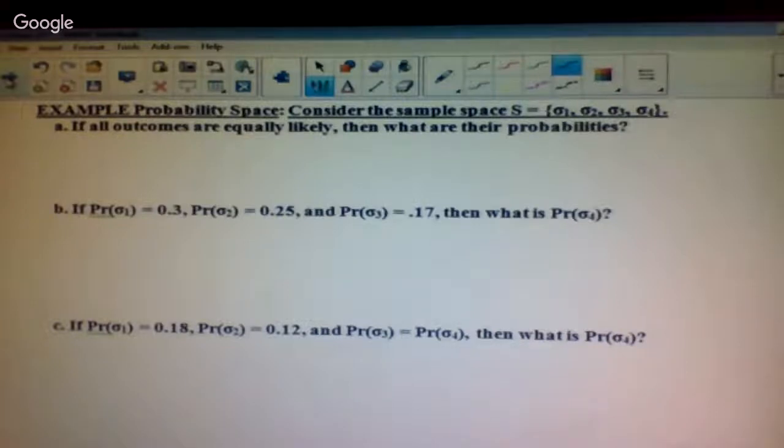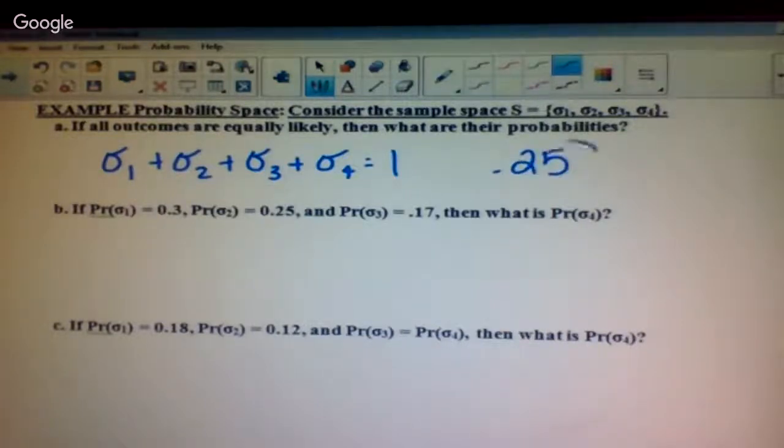Remember, if I add sigma 1 plus sigma 2 plus sigma 3 plus sigma 4, that equals 1. And they're all the same. Think about 1 as $1. So that makes each one of these worth a quarter. I'm just doing X's.